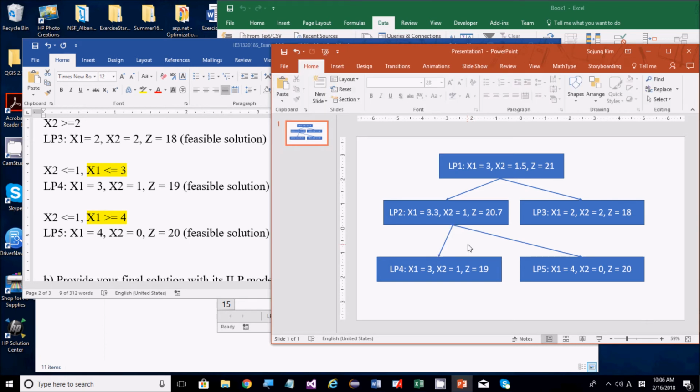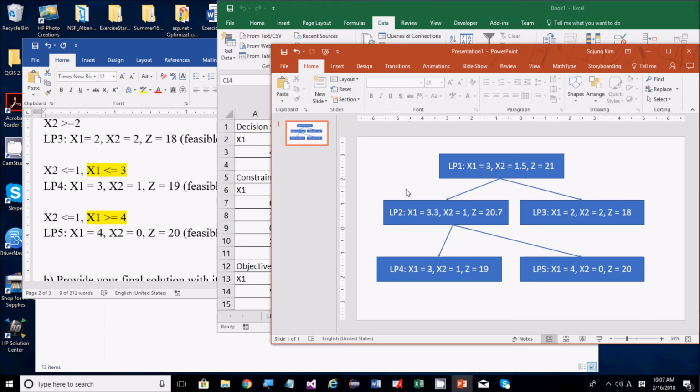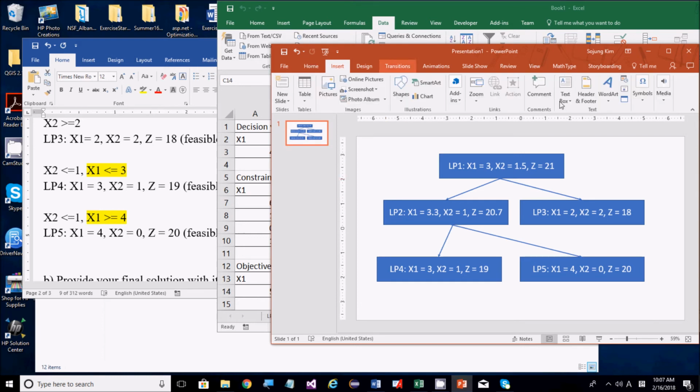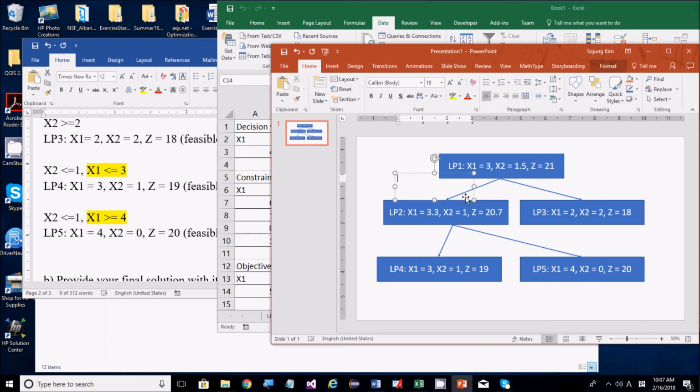Okay, and then we have to add a constraint. Sorry, so the constraint here.